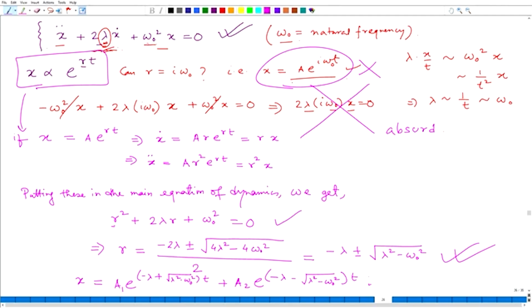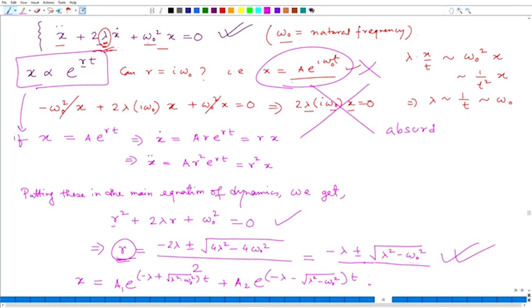Now, here we have to understand one point, we have to be very careful that we are making x real or imaginary or in general complex, and that is according to our freedom, we have to be careful in the formation of the equation. So, you can see that when lambda is greater than omega 0, there is no problem, both the values of r are real.